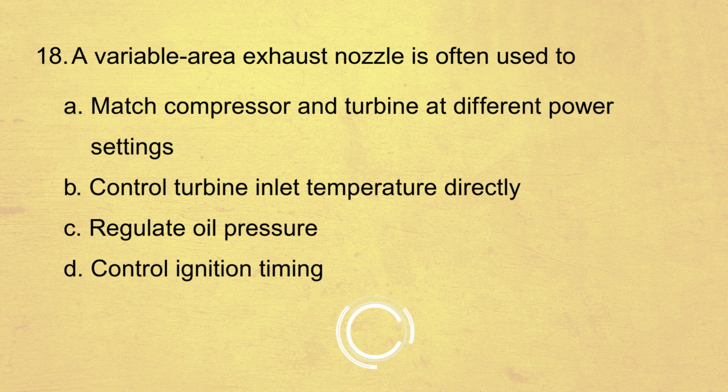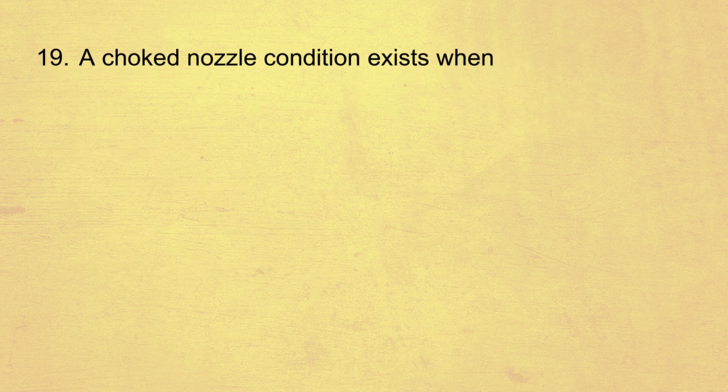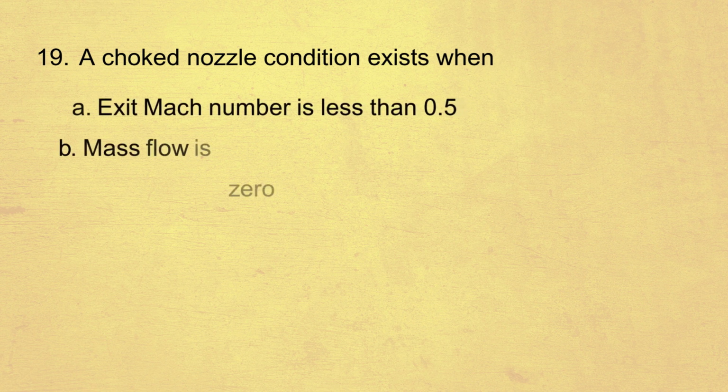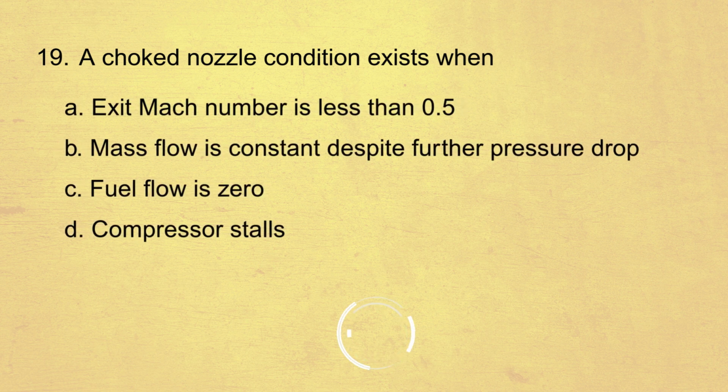A variable area exhaust nozzle is often used to match compressor and turbine at different power settings. A choked nozzle condition exists when mass flow is constant despite further pressure drop.